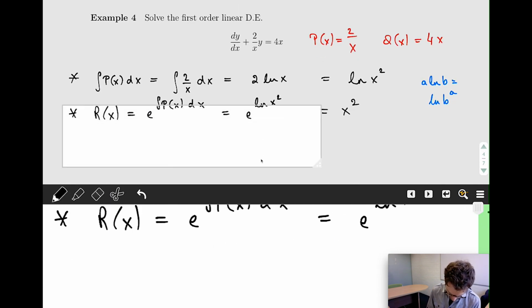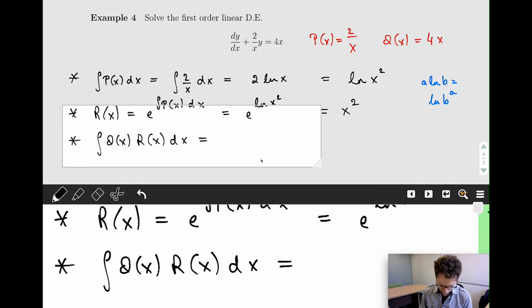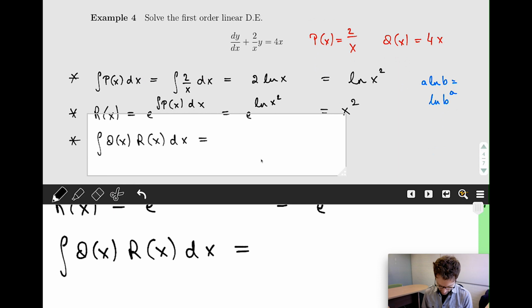Once I've found r of x, now I can calculate what the integral of q of x r of x is. And this time I am going to have to include the constant of integration. So let's do that integral. What's q of x? It was 4 times x. We've just found that r of x is x squared.